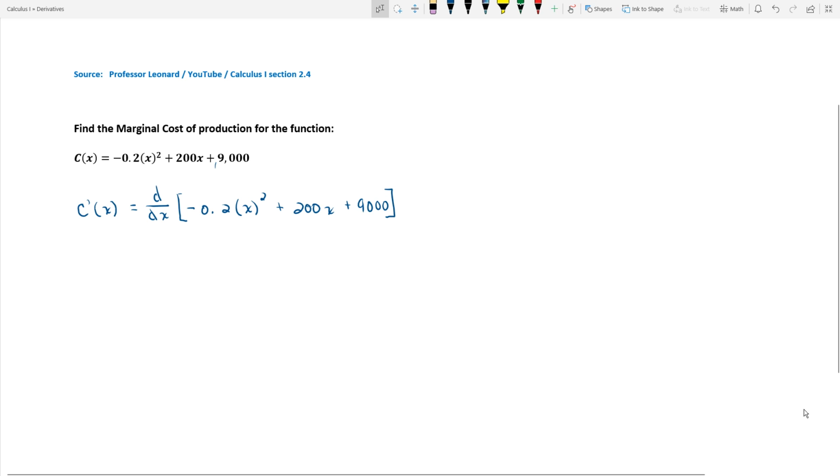If you're wondering, 9,000 would be probably the base cost or the base overhead that they're going to incur each month.